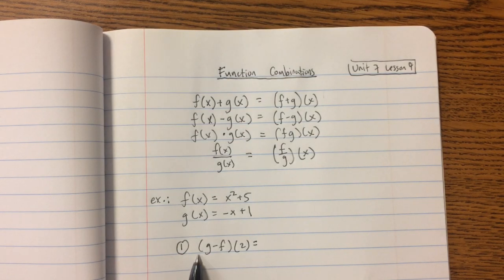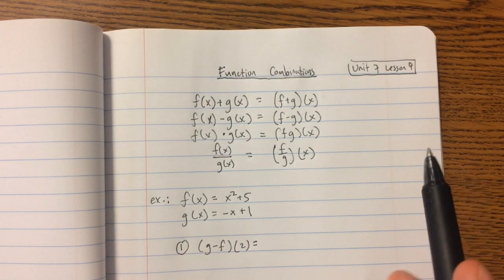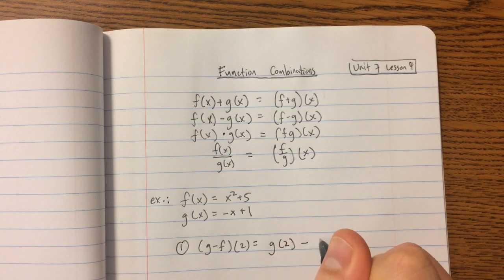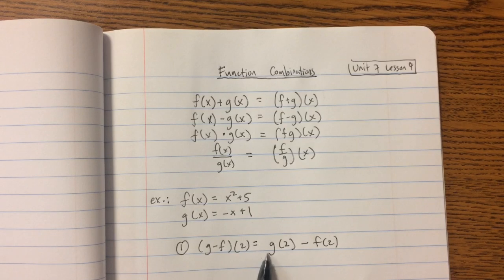So if you understand this notation, what this really means is g of 2 minus f of 2. In other words, the value of the function g when x is 2 minus the value of function f when x is 2.